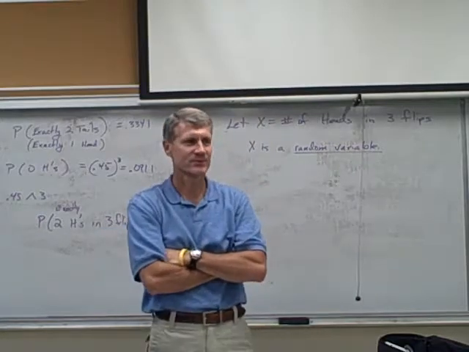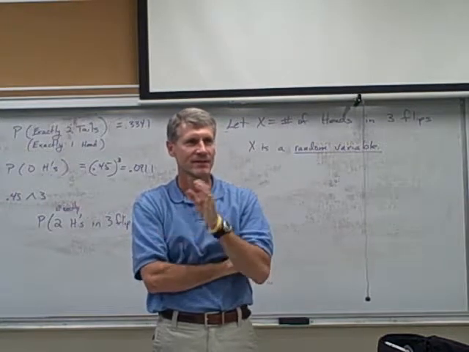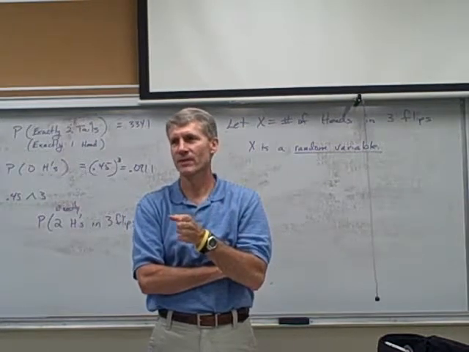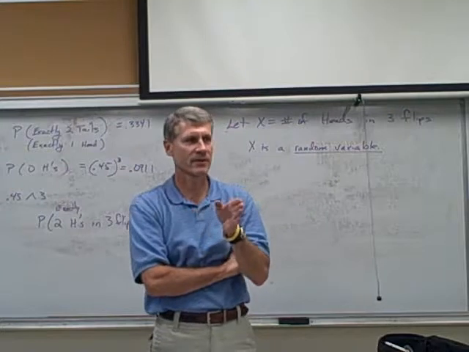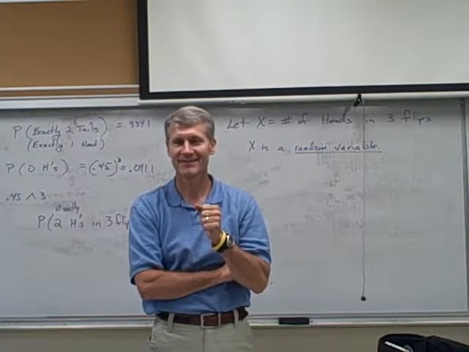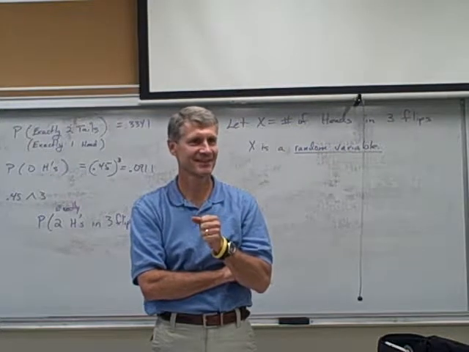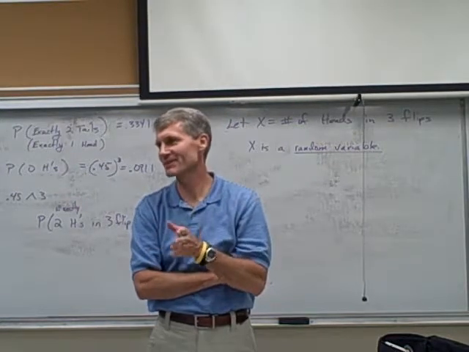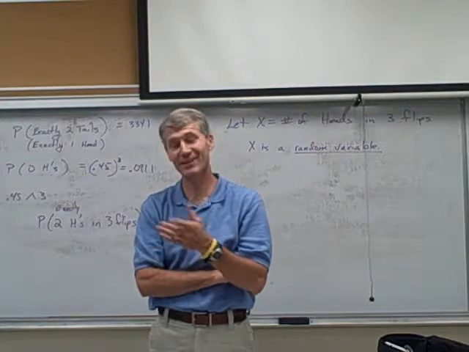Right? So here it is. You ready to write this down? A random variable is a variable that's random. See how complicated that is? Now nobody ever is very satisfied with that definition, but really that's all it is.